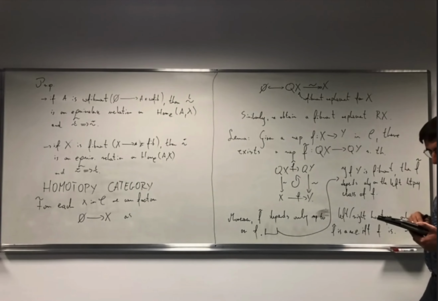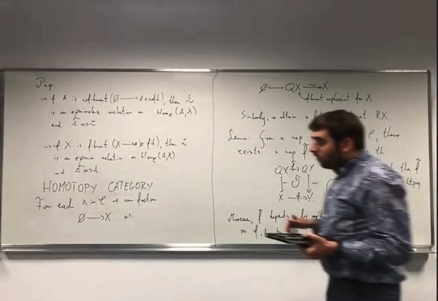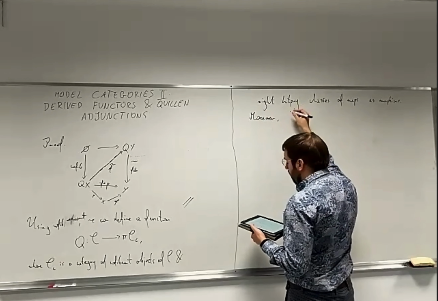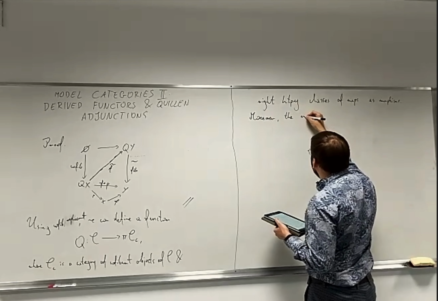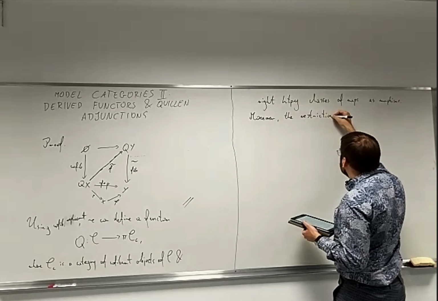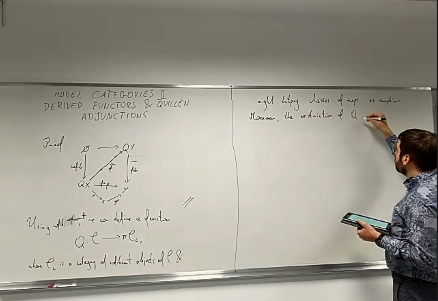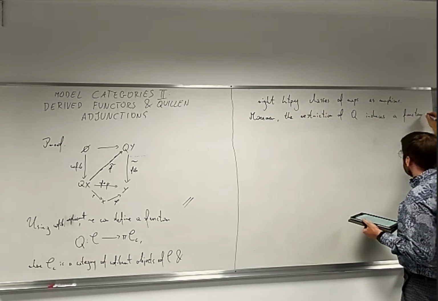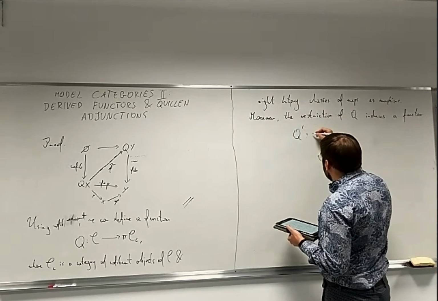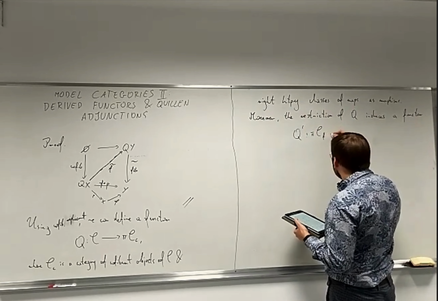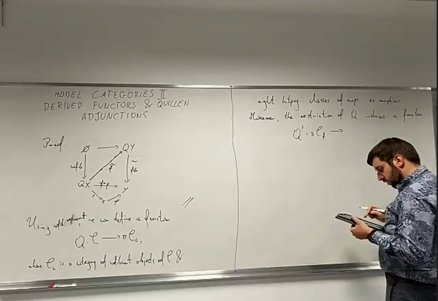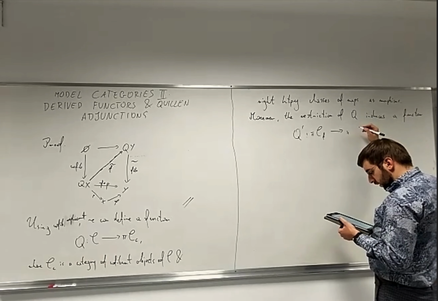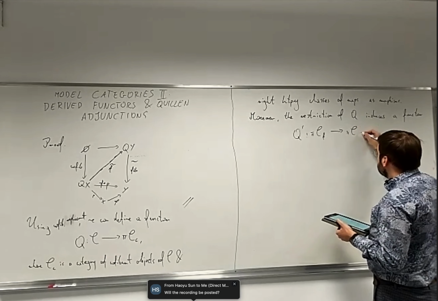So it is a well-defined functor, and moreover, the restriction to another subcategory induces a functor q prime going from pi c f to, I might have a mistake here, yes, pi c c f, I think.